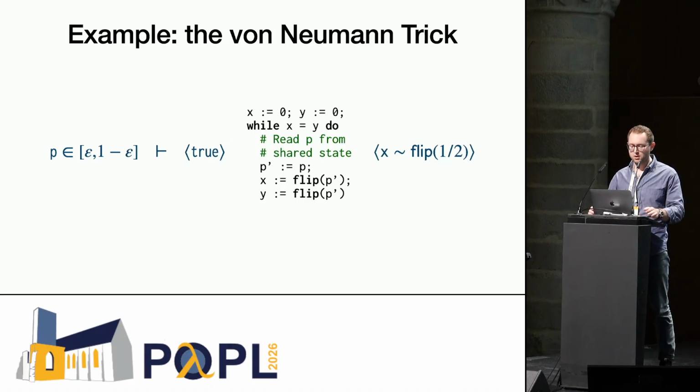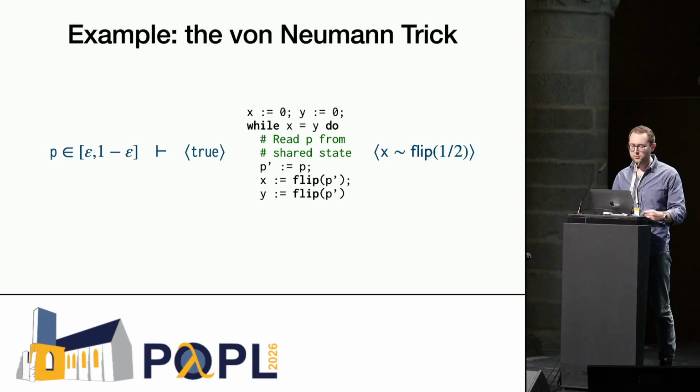So we were able to show that after this program terminates, the distribution of outcomes X is distributed like a fair coin. This specification also implies that the program almost surely terminates. So we have an unbounded loop here, but the loop terminates with probability 1.